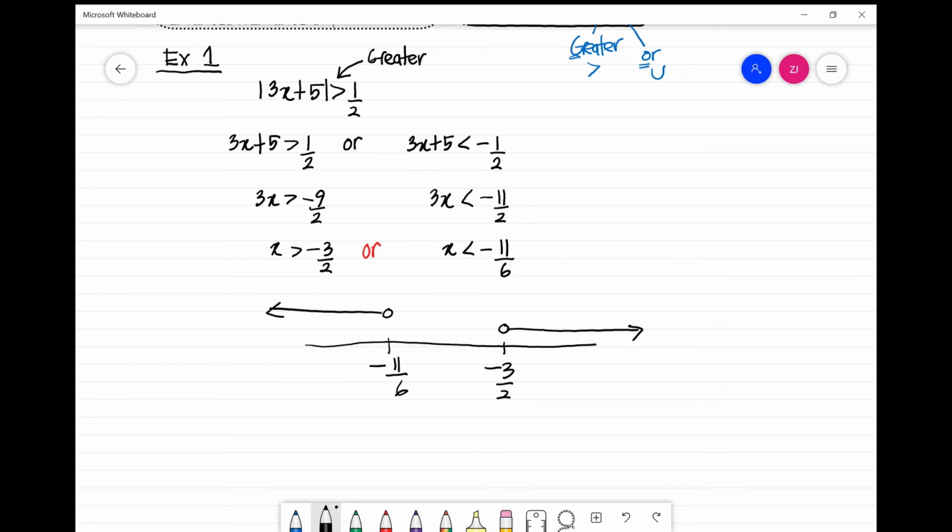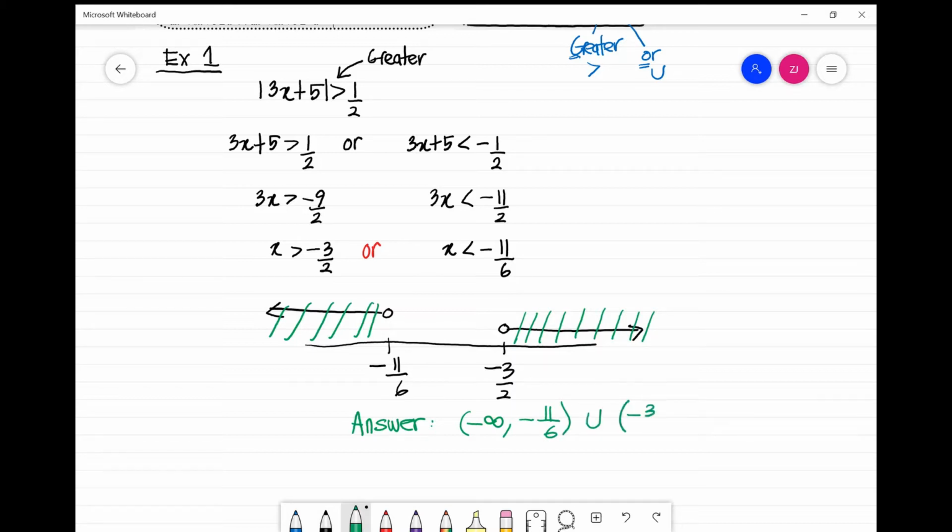Union means we shade the respective regions. Now we can finalize our answer. The answer can be in solution set or interval form, unless stated otherwise in the question. Let us use interval form: negative infinity, negative 11 over 6, union with negative 3 over 2, infinity.